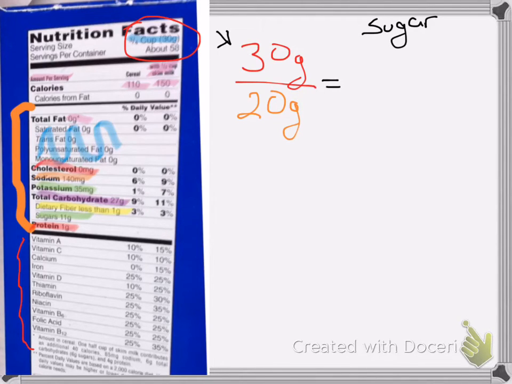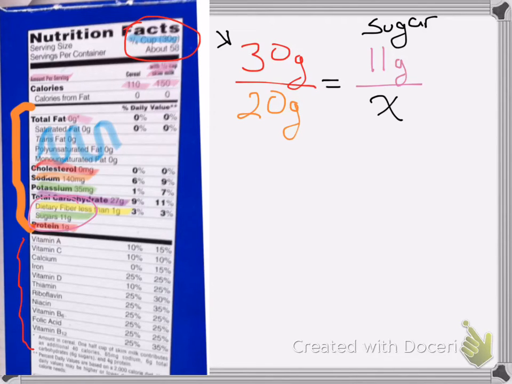Looking at our nutritional label, right down here at the bottom, we can see that one serving size, 30 grams of Frosted Flakes, has 11 grams of sugar. We want to figure out how many grams of sugar should be in our 20-gram serving of Frosted Flakes. So right here, that's where I'm going to put X and try to solve from there.